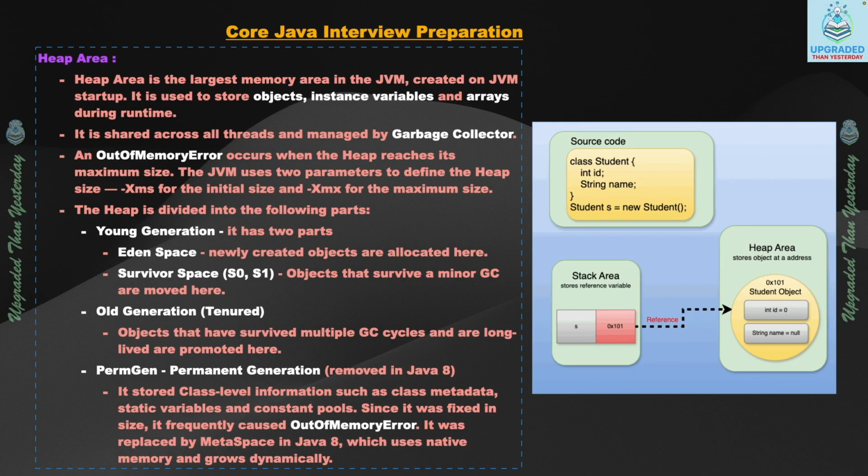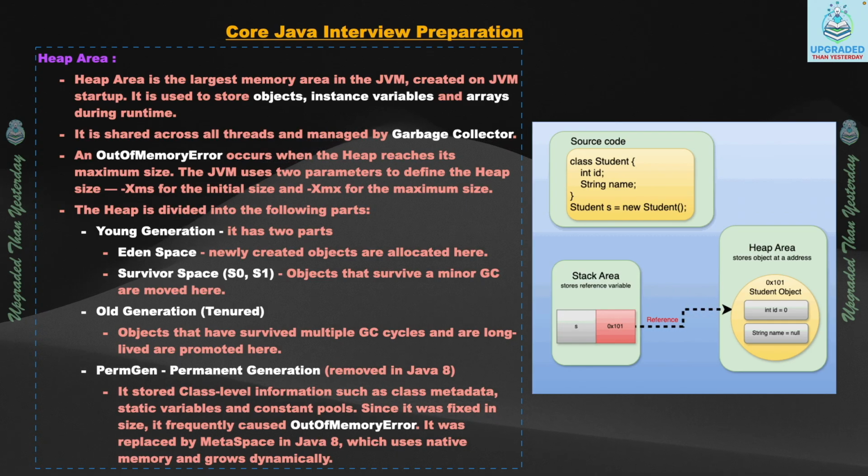Heap area. Heap area is the largest memory area in JVM and is created on JVM startup. Heap area is used to store objects, instance variables, and arrays during runtime. Since heap area stores objects that are shared across the program, the heap area is shared across all the threads.